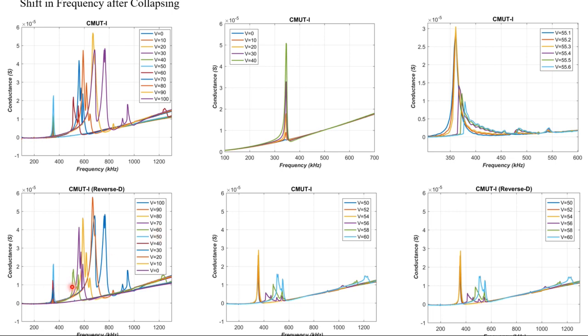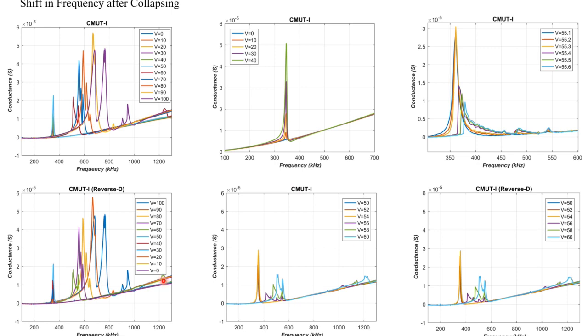In that region, that's a different state of the CMUT. But once 50 volts is applied, the membrane is lifted off the substrate, so it becomes uncollapsed, and then it stays there. Even in the reverse direction, the frequency is not moving.